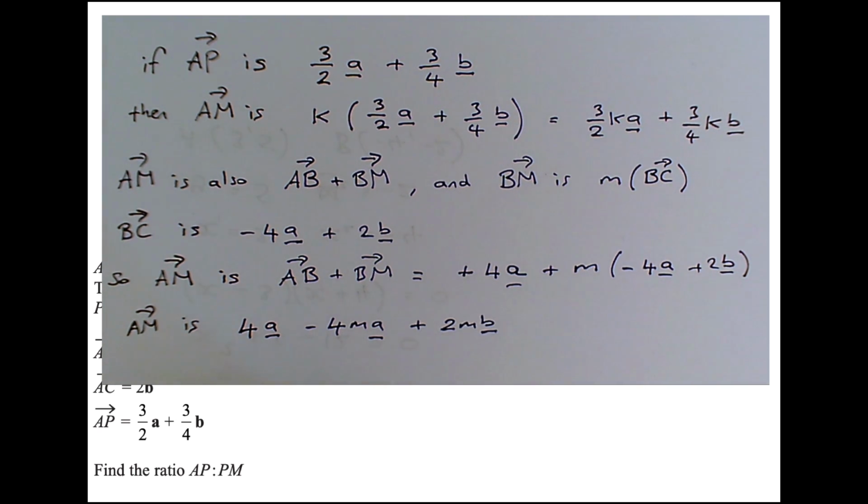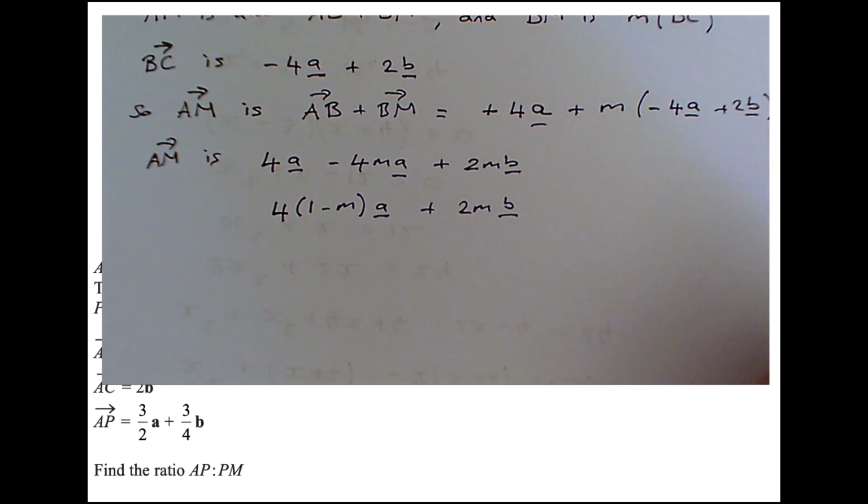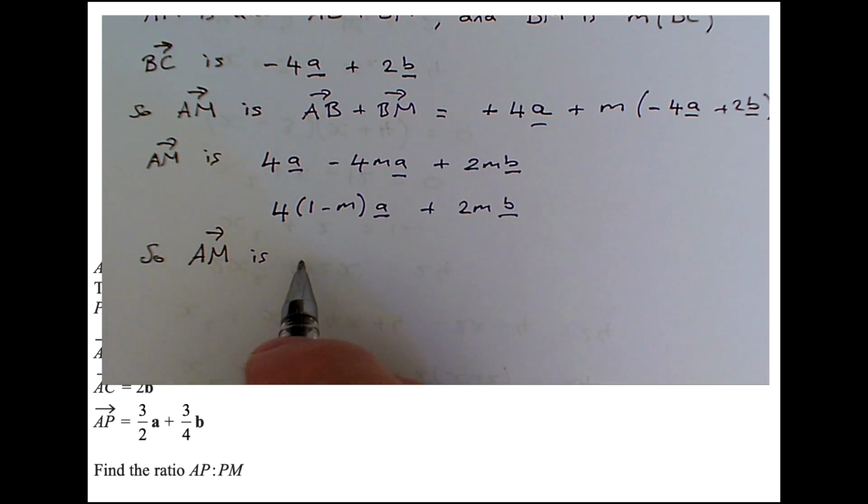Alright, and I can tidy that up even further. I can factorise out the A direction vector, which is going to be 4 minus 4M. Alright, and I can't do anything with the B one. So now I've managed to describe the journey from A to M in two different ways, going directly and going round the long way. Okay, so I'll write down what I've discovered.